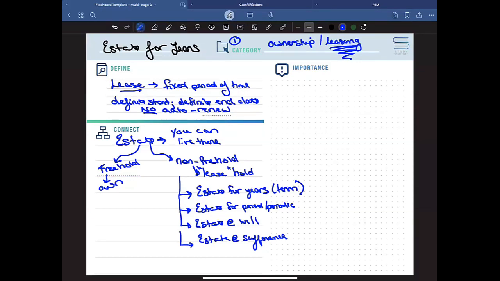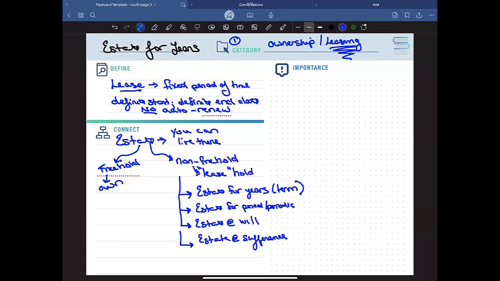That's an estate from period to period. It's going to roll into a whole new lease period, and at the end of that period, into another, until either they end it, or you decide you don't want to stay there anymore. So that's the difference. It's about that automatic renewal.